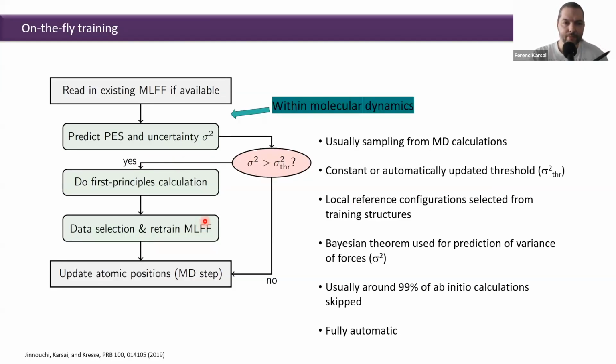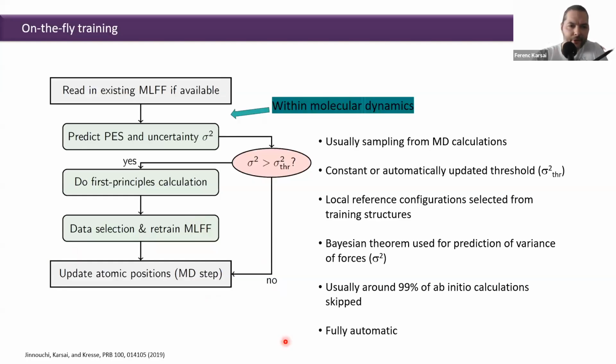What do I mean with this possibly retrain? The retraining is not done at every step, but usually after a block of data is filled with new training data. By default, this is 5 in VASP, and this is to minimize computational overhead. After that step, we come to the next step of the molecular dynamics, and an update of the positions is done.